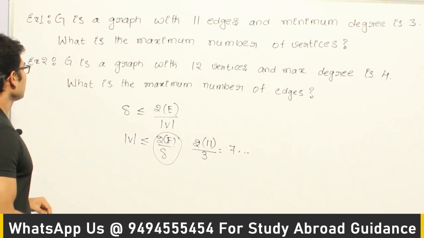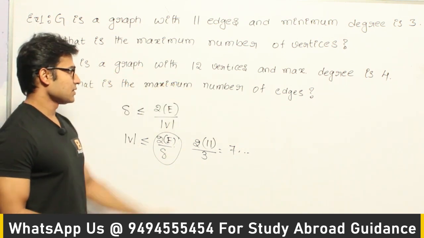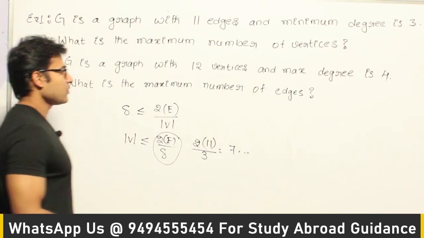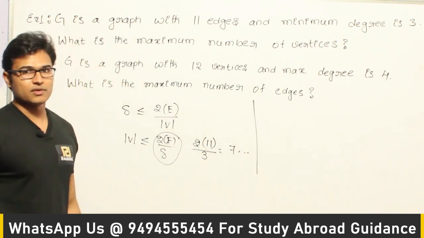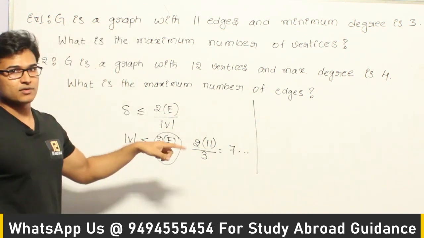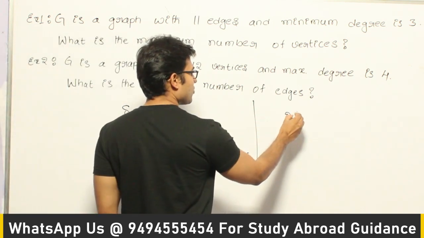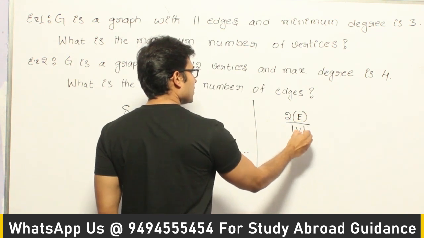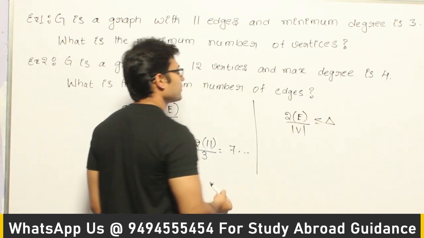Now for the second one, G is a graph with 12 vertices and the max degree is 4. What is the maximum number of edges? So max degree is given and the vertices are given. Here we can compare the average degree with max degree, and we know that average degree, which means sum of all degrees divided by number of vertices, is always less than or equal to capital delta, right?